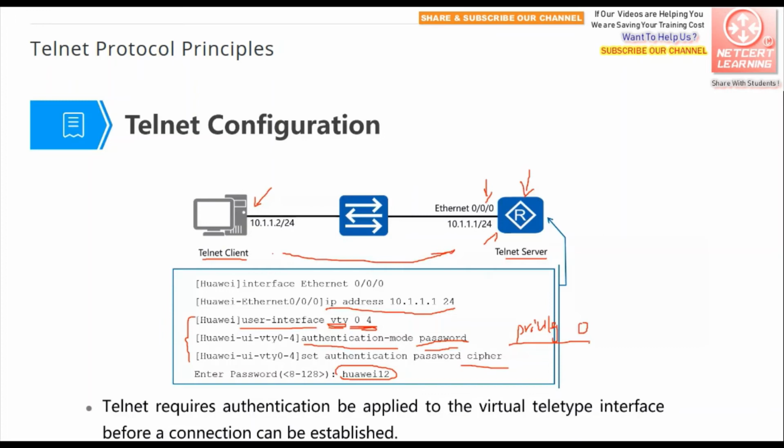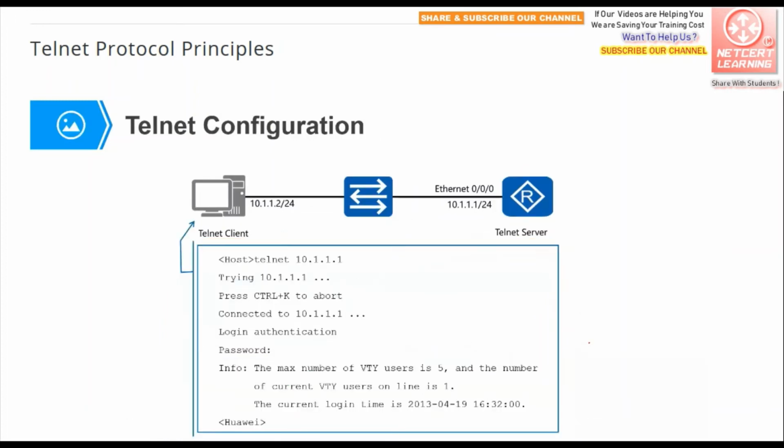After this configuration, you can telnet from the client. On the client you type in telnet and then the destination IP address, and then they will communicate. Of course, Telnet uses TCP port 23, and then there is a response and a password request is prompted to you.